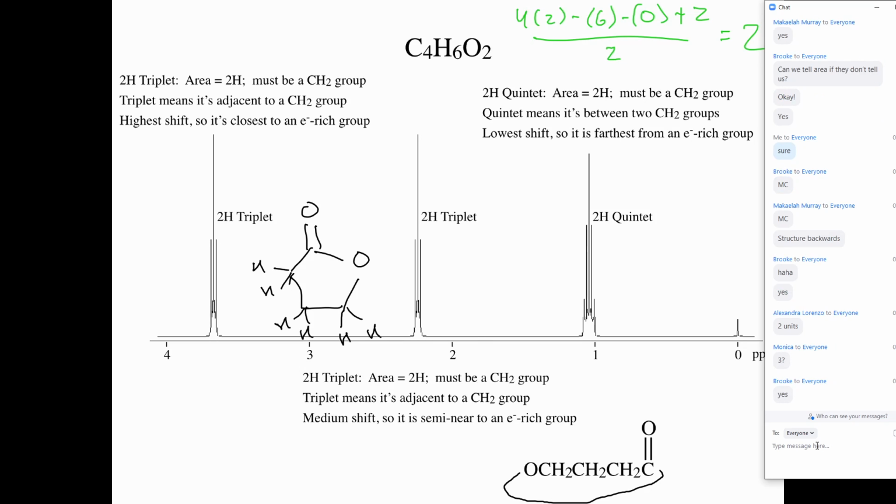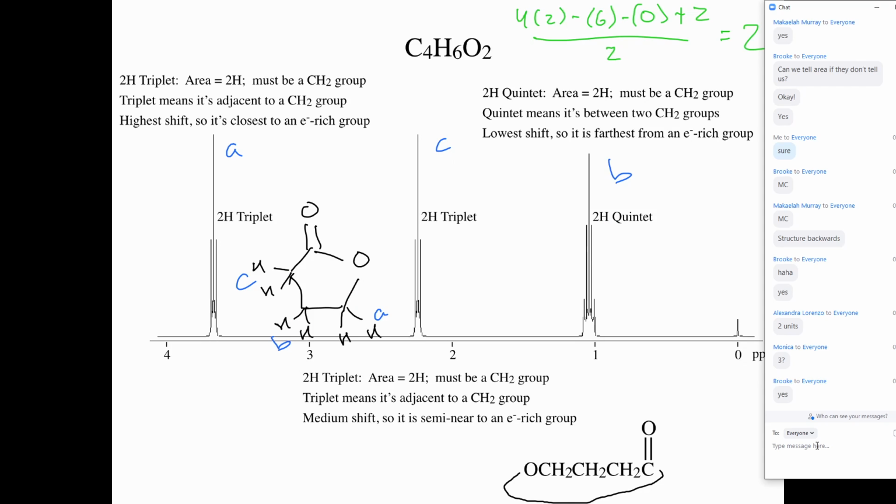So would this be A, B, and C? Would that fit? I think so. 3 CH2s, one directly next to an O, so it's even further downfield, one next to a carbonyl carbon with an O, and then one far away from everything.